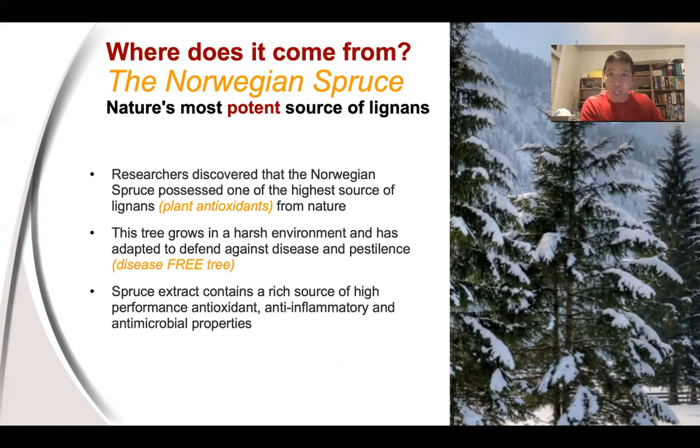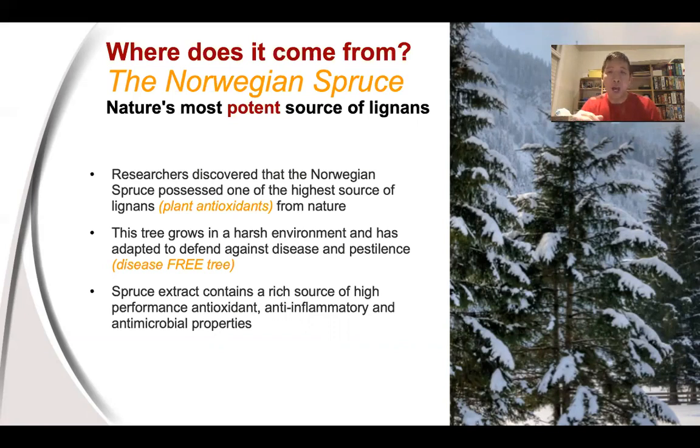Yes, we have a tree in Canada, but the amount of lignans in the Canadian tree is much less than in the trees in northern Finland, which is where we source our extract from. Something about the very harsh, cold climate means that trees, through evolution, have learned to live in such harsh conditions. So the northern tip of Finland has the best and most concentrated lignans of all the trees in the world.